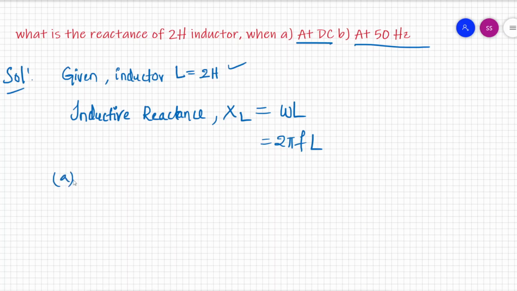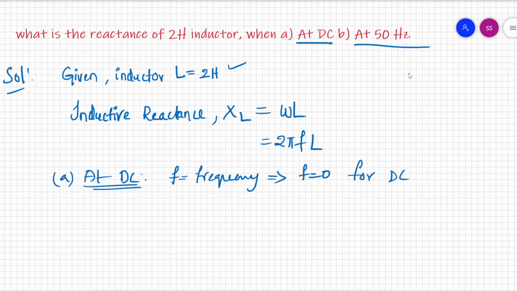So at the given condition, at DC supply, what is the frequency for DC supply? It is 0 for DC. There is no frequency for DC because there will be no cycles, so it will be constant over a time period.